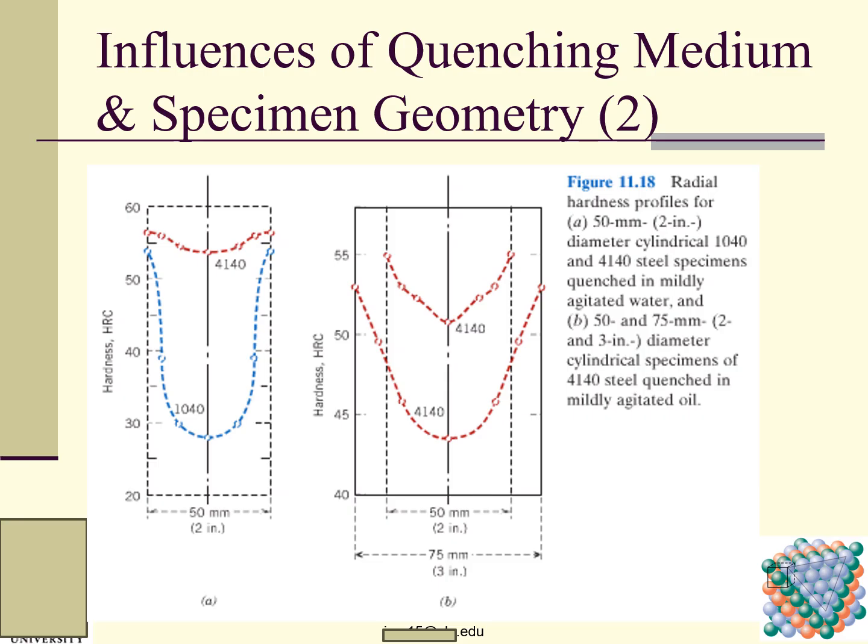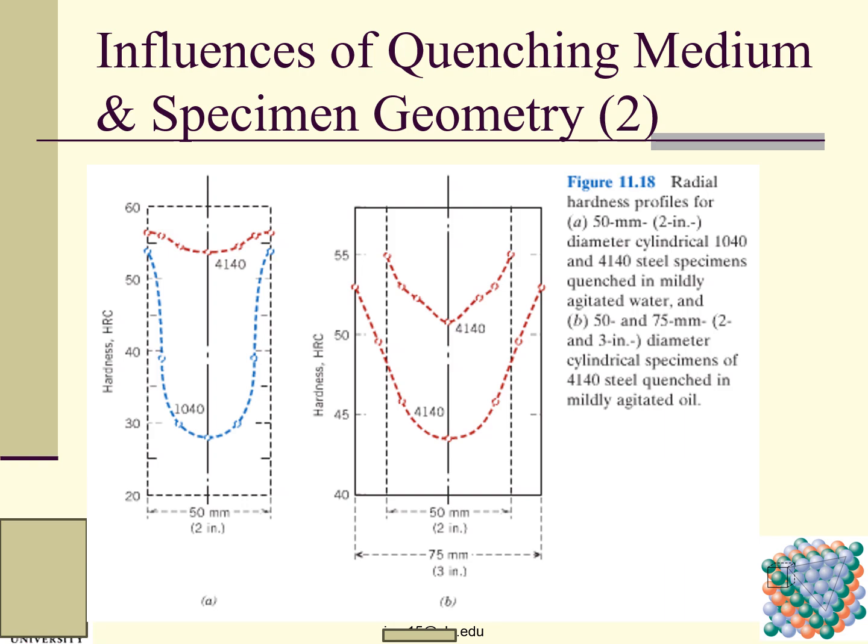This is the graphical representation. So here is the geometry, and here is the 4140 and 1040. Which one is higher? 4140. Okay, so this is 4140.